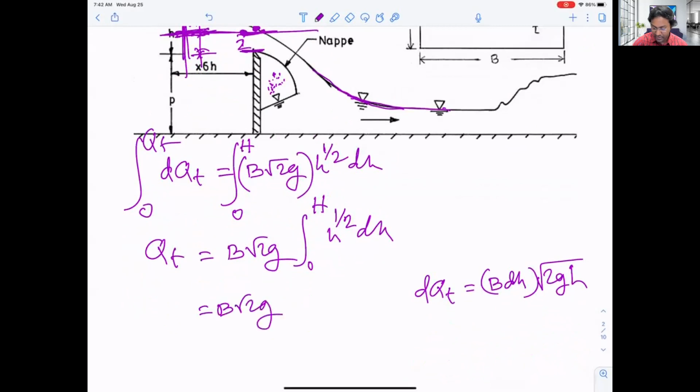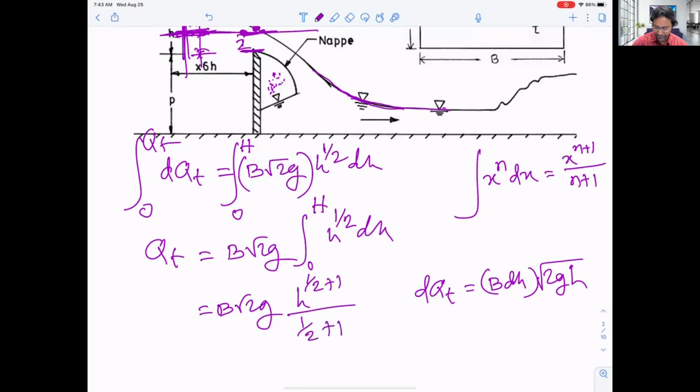We know the integration of x to the power n dx is x to the power n plus 1 divided by n plus 1, so the power is increased by 1 and we divide by the same increment. So here we have the power of h as half plus 1 divided by half plus 1, and we use our limits of integration.